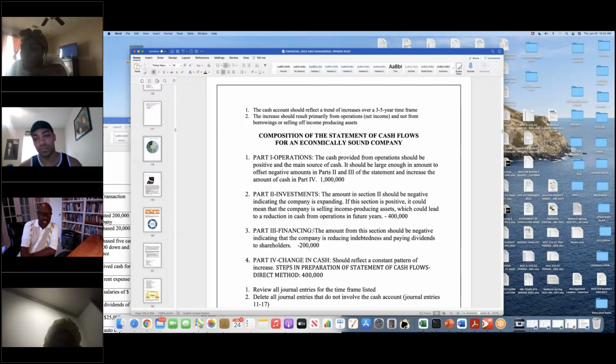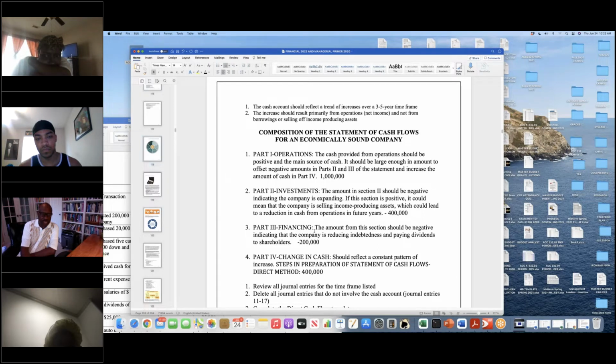And so when the cash account changes, we've got to look at why it changed and make sure that the company is going to have long-term liquidity. When this statement is not prepared and evaluated, a liquidity problem is going to occur and the company can go out of business.